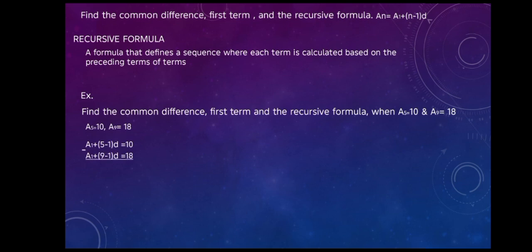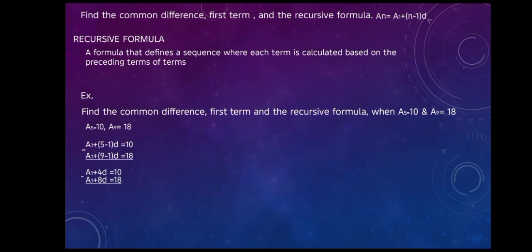Pati yung isa. So, substitute lang natin, tapos simplify yung nasa parenthesis. A sub 1 plus 4d since 5 minus 1 equals 4, equals 10. Ganon din yung isa. A sub 1 plus 8d equals 18 because 9 minus 1 is 8.